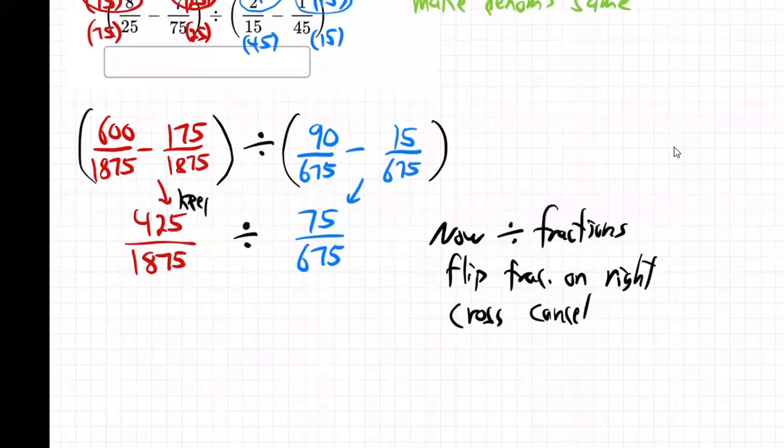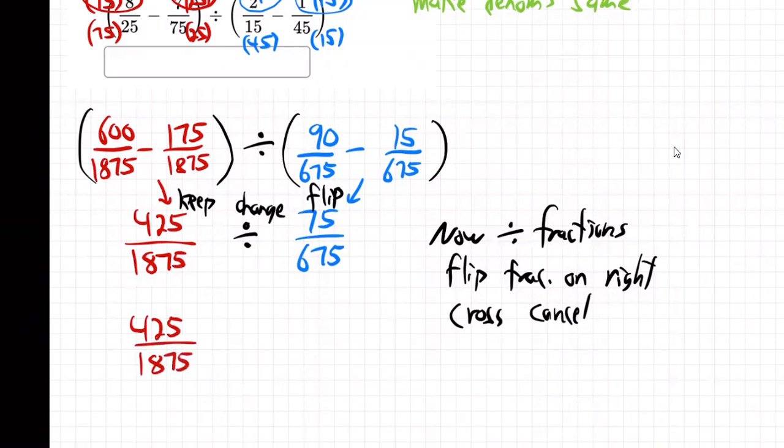Keep this one the same, change this to multiplication, and flip the fraction on the right. So keep it 425 over 1875. Change to times because multiplying is just upside down dividing, and flip the fraction on the right. Now it's multiplication, and now we what?